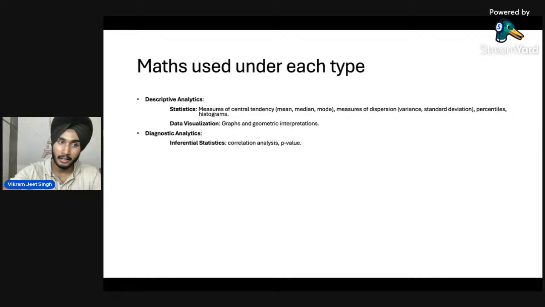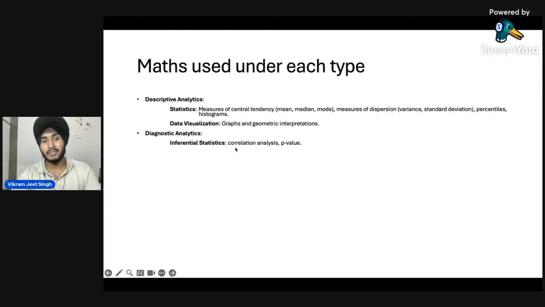If we do diagnostic analytics for it, like why has the price changed, one of the things we will do is correlation analysis. We will look into a few factors: has the transportation cost increased or not, have the prices of petrol or diesel increased, and has the price of the raw material increased.